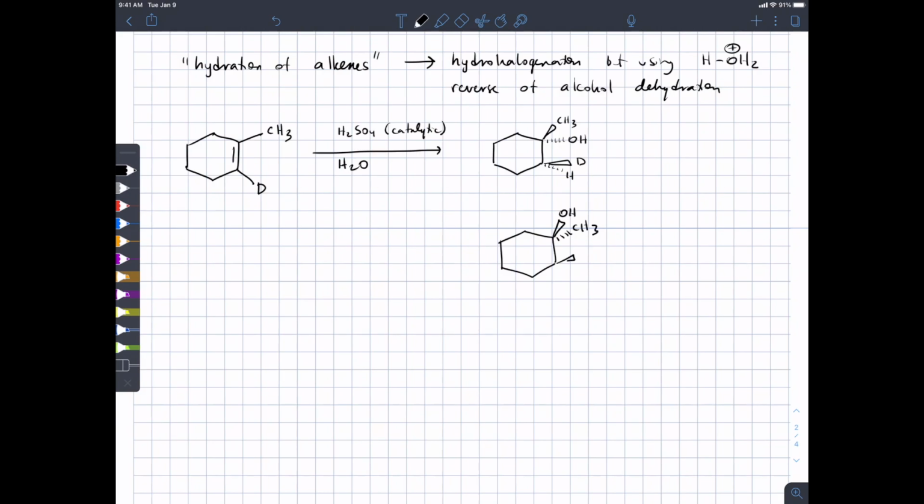OH and proton were added to the same face of the pi bond. And then you're going to have the other pair of enantiomers where the OH and the hydrogen were added to different sides, different faces of the pi bond.